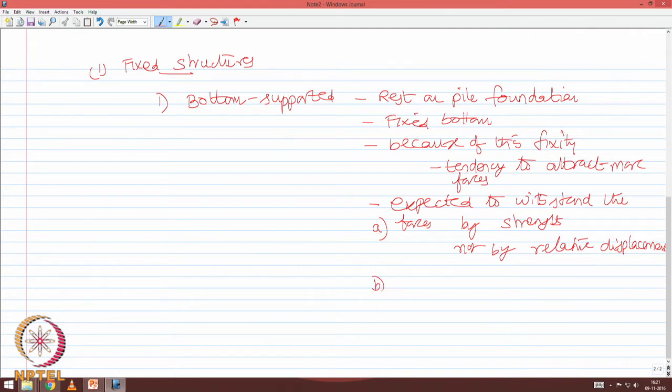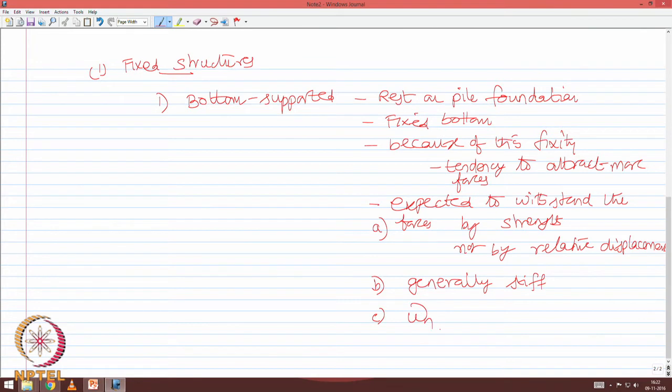The second observation is, since it resists the forces by its strength, they are generally stiff. On the contrary, if the geometric form is going to resist the environmental loads by displacement, then we can say these structural systems will be flexible. So, generally they are stiff.